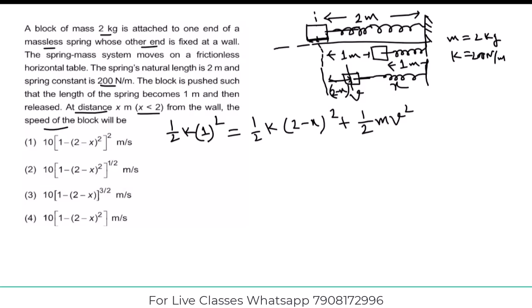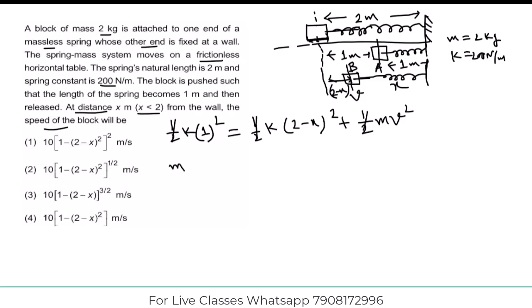There is no friction, so no energy is lost. So the total potential energy at position A must be equal to the kinetic energy plus potential energy at point B. Now half cancels from both the sides.